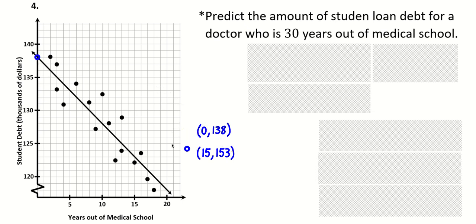All we need otherwise is the slope. So the points I'm going to have us use to figure out our slope are 0, 138, which happens to be the y-intercept also, and 15, 153.